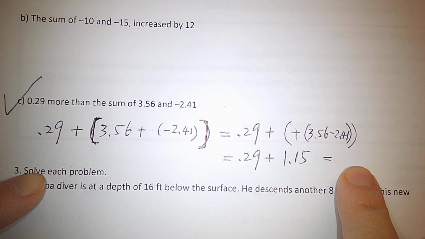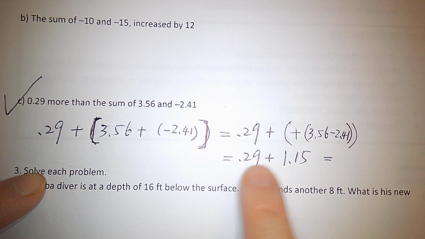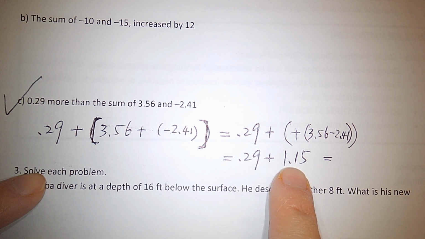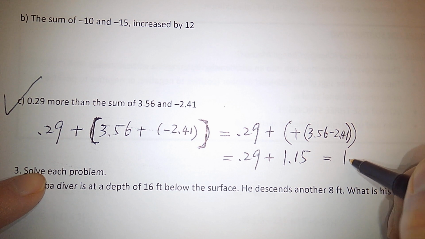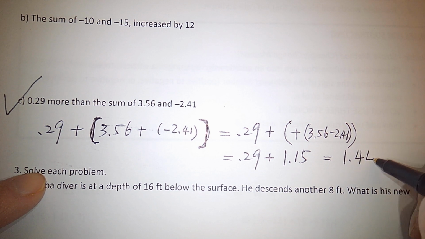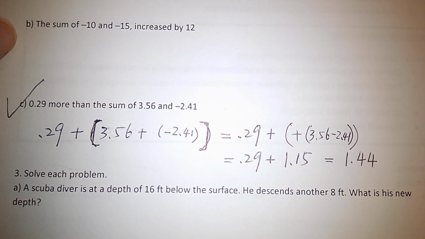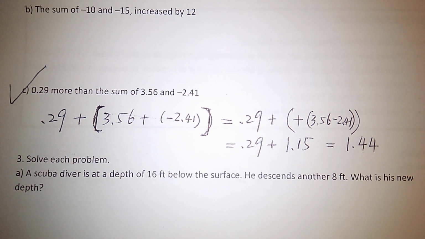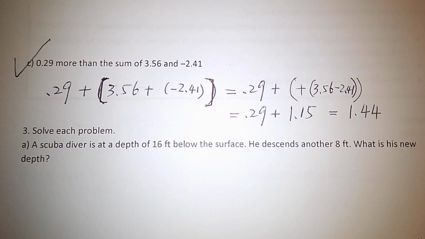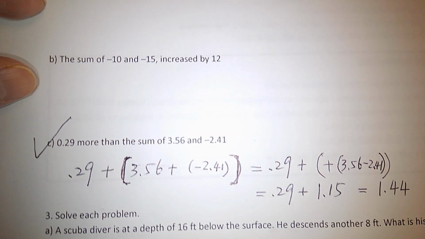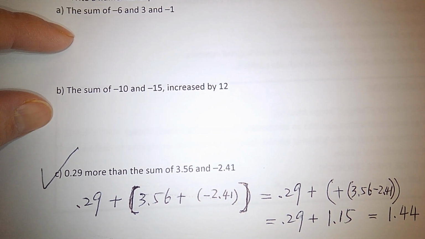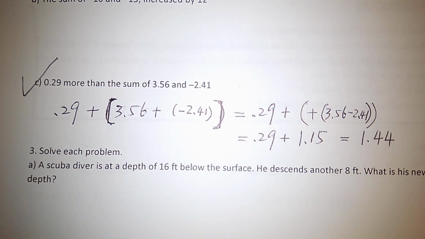So keep the positive sign and add up the absolute values. So eventually we should get 1.44, right? The other two questions, I'll let you practice, alright?